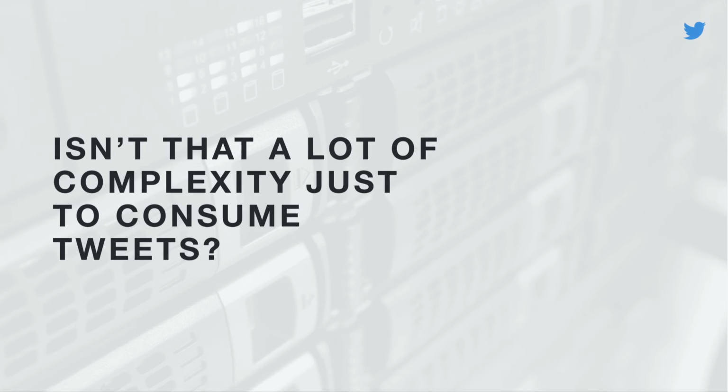So isn't that a lot of complexity just to consume tweets, keeping in mind that the diagram I just showed you is quite a simplification. All told, it's about 40 machines just in production. Like I said at the start, consuming the Firehose is easy because any off-the-shelf SSD has more than enough write capacity to handle it without breaking a sweat. But consuming it reliably and guarding against operational failure is a much more difficult problem.